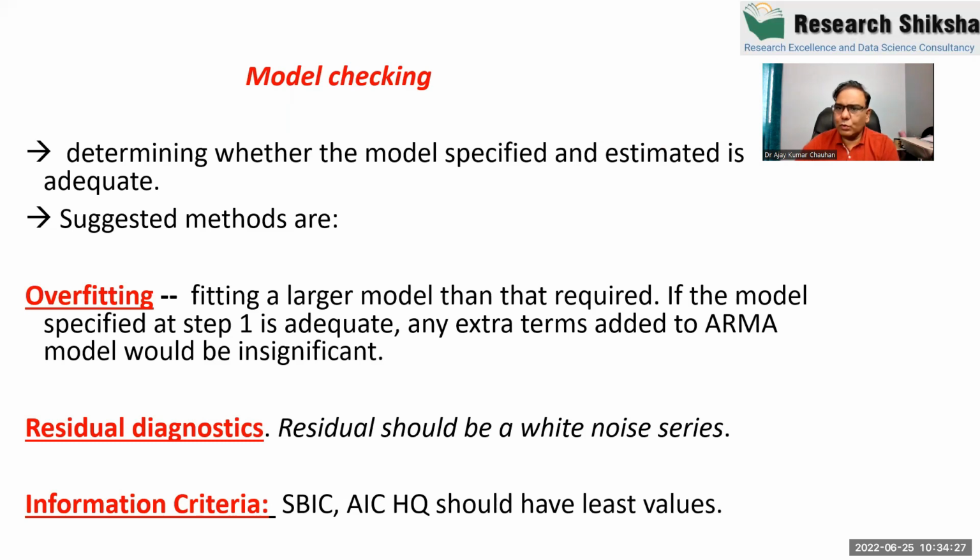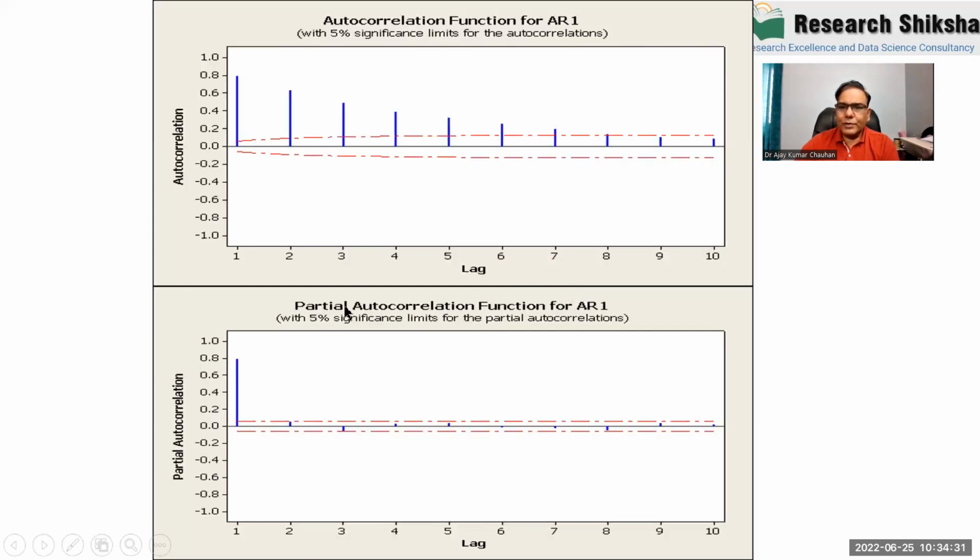Now, if you have this kind of model, can you tell me which series this is? The autocorrelation is declining, with only one significant spike here. So it is a pure AR term.